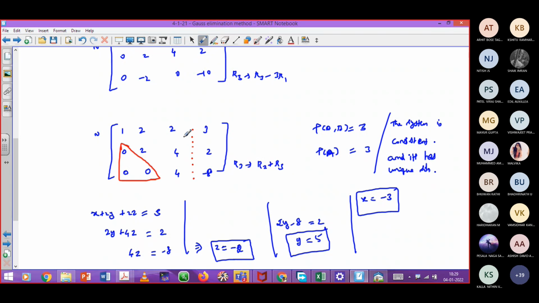But here we could not find any such rows. So we simply write the rank of this matrix as 3. Totally we have 3 non-zero rows. Clear? Okay. Yes, sir. Okay.